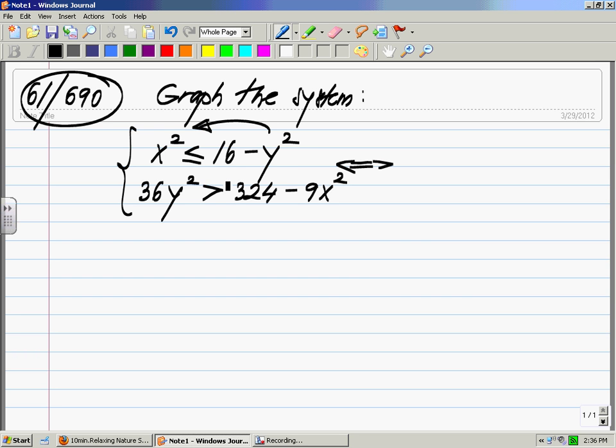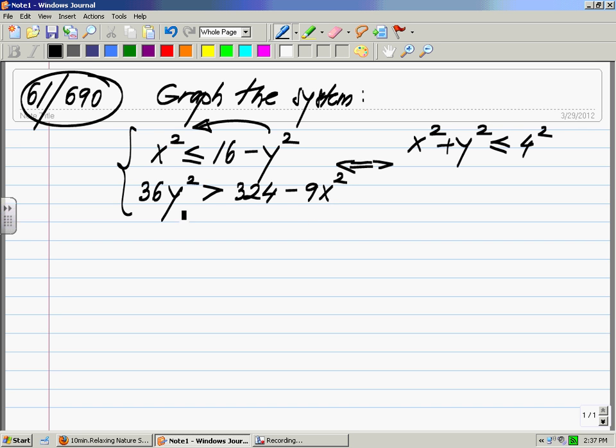Basically, we're adding y squared to both sides. It's going to be a circle, right? So it'll be x squared plus y squared less than or equal to 4 squared, right?